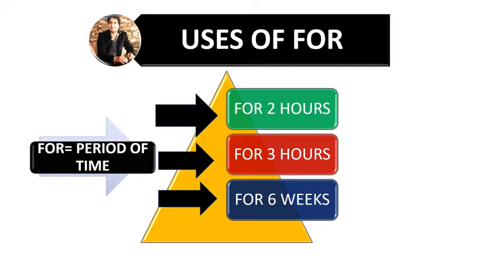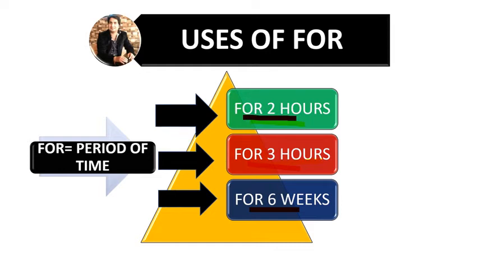For example, when I have to say I have been writing for 2 hours, for 3 hours, for 6 hours, we make use of for at that time. So you can simply say that for is used with a period of time. Always make use of for with a period of time.